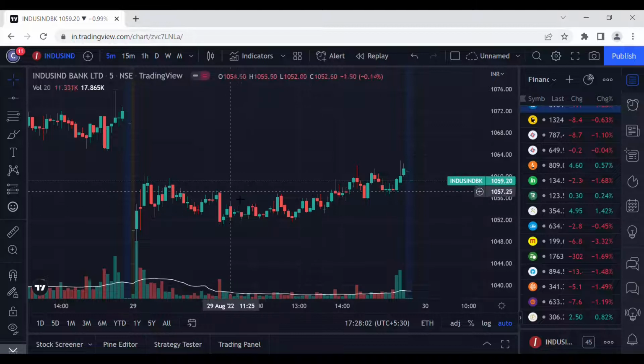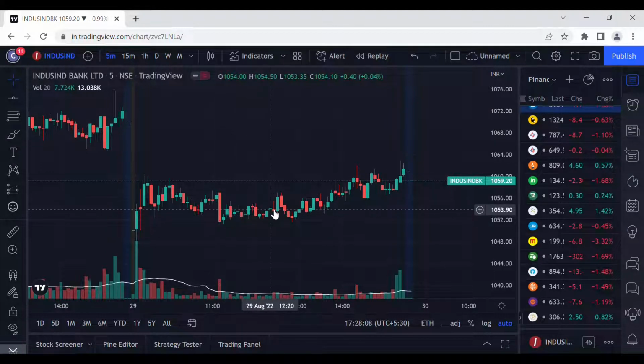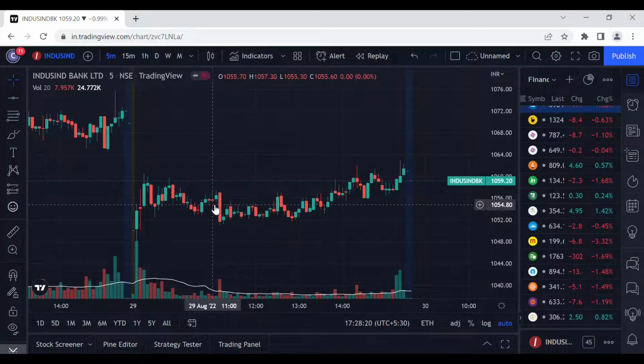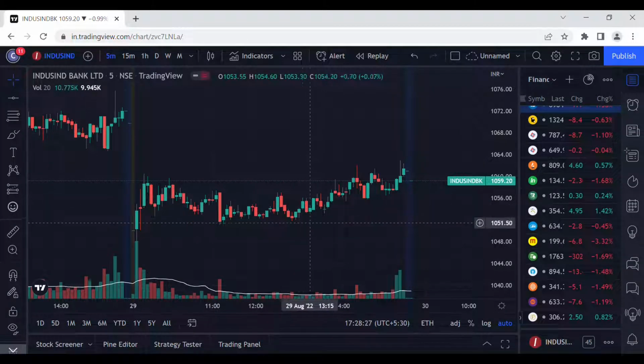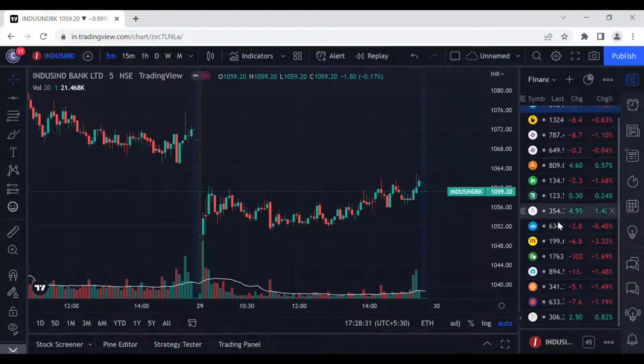The reason for placing the stop loss at this place is that here you can see huge volumes, and here a good amount of volumes with the bearish candles. Taking this as a reference, I went on to the short side. The reason for also taking the short side is that the market was sideways.